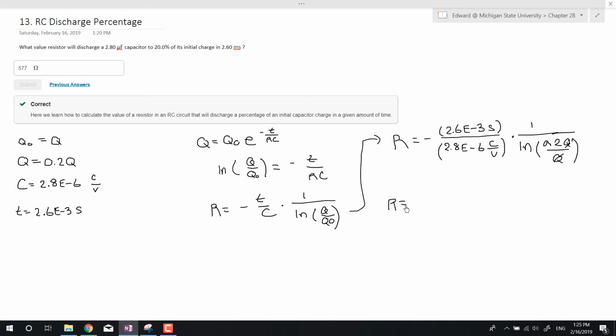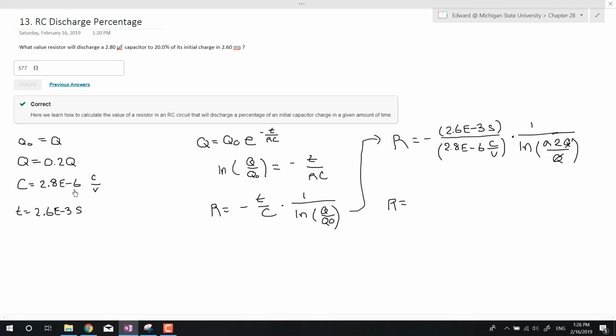we're going to get 0.5, let's see here, did I mess something up? I'm pretty sure I messed something up. I got 0.577, but it's obviously 577. So let's see what we messed up here. Micro, that is definitely minus 6. 10 to the minus 3, looks good to me, so let's take a look again.